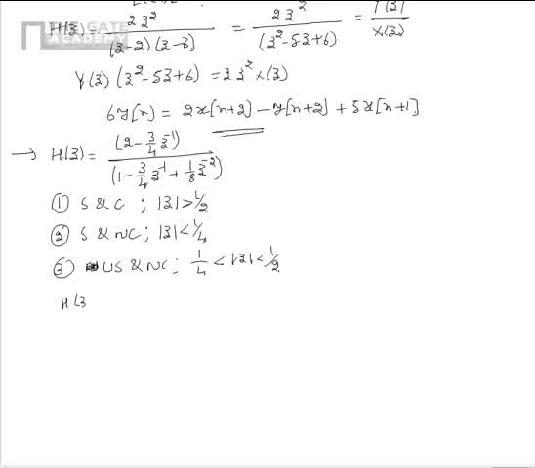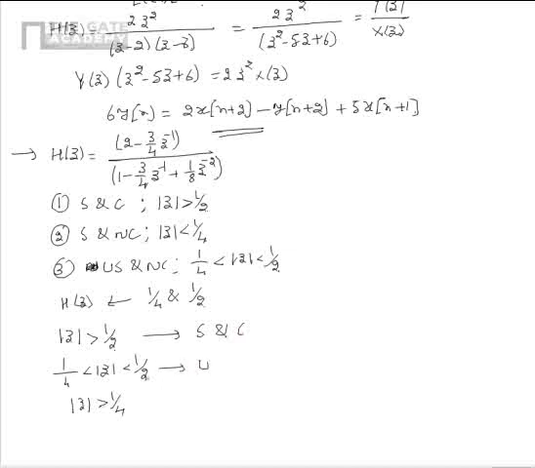We see that the given system function H(z) has poles located at 1 by 4 and 1 by 2. From this, we see that the ROCs are mod z greater than 1 by 2, 1 by 4 less than mod z less than 1 by 2, and mod z less than 1 by 4. In case of the first ROC, the system is stable and causal. In case of second ROC, we see that the system is unstable and non-causal.